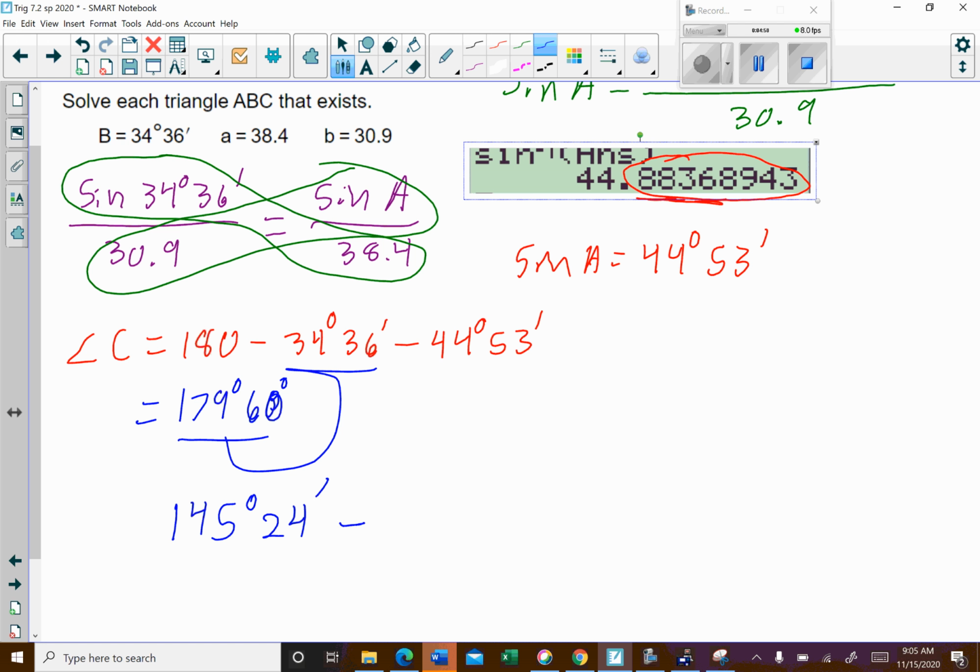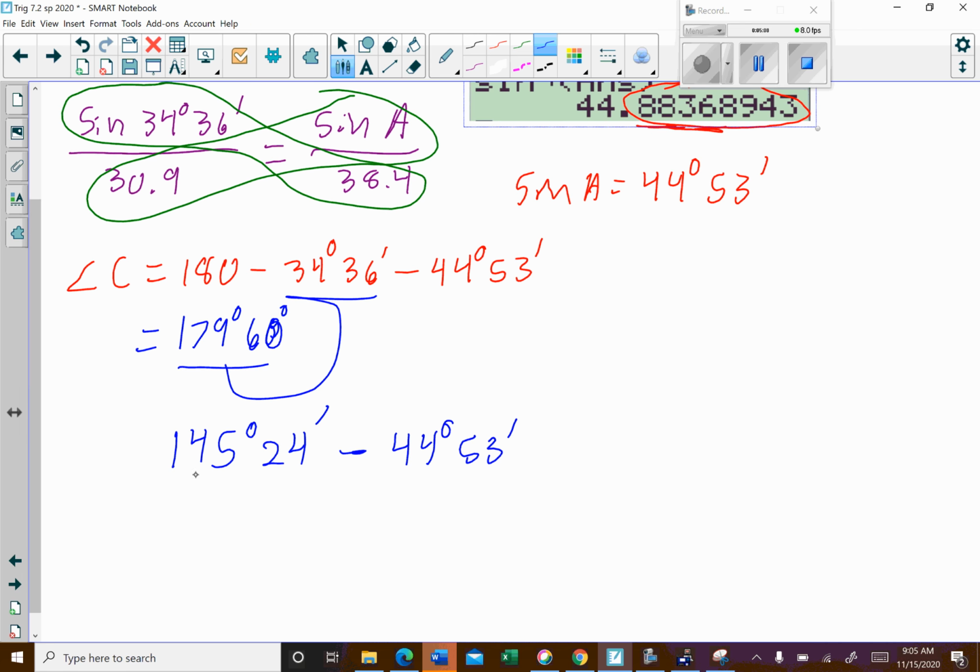Okay, so now we need to subtract the 44 degrees and 53 minutes. You'll notice I'm taking away more minutes than I have available. So I'm going to siphon off another 60. I'm going to put this as 144 degrees, and add 60 minutes to this, which gives me 84 minutes. So I took a degree and converted it to 60 minutes.